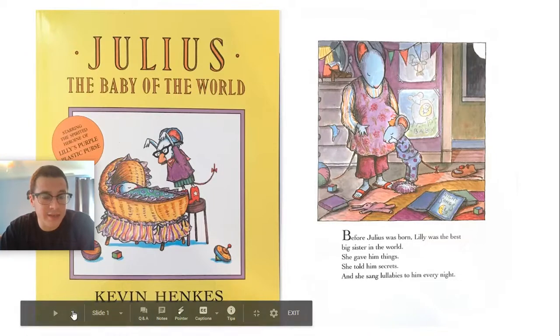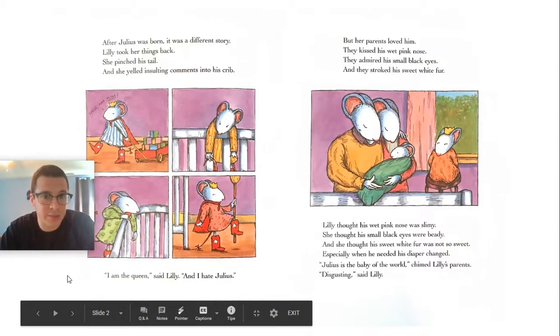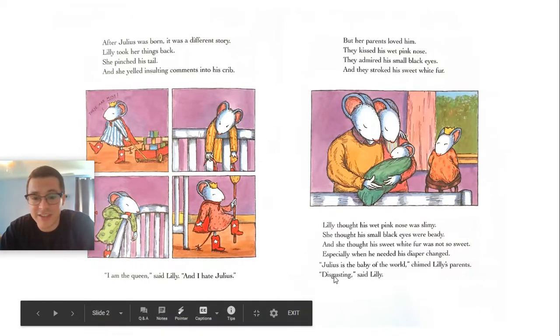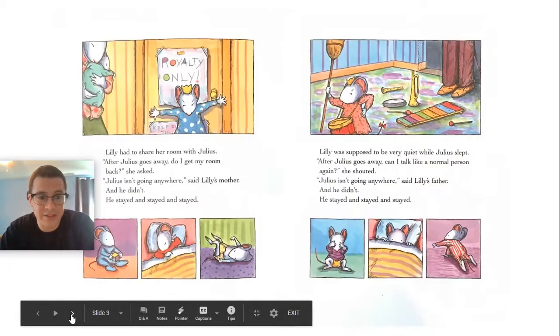But then things change pretty quickly when Julius comes home. She starts to take back her toys. She starts yelling insulting comments into his crib. And she says that he's disgusting.